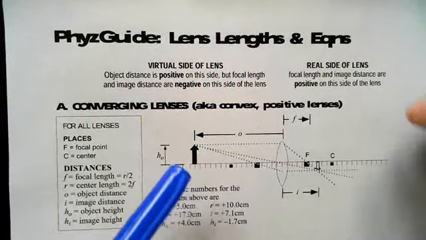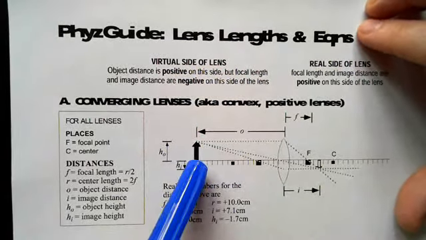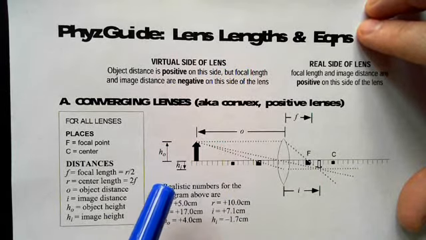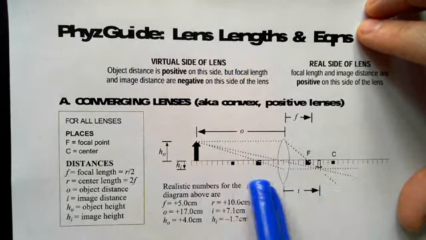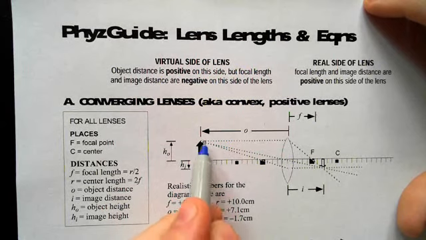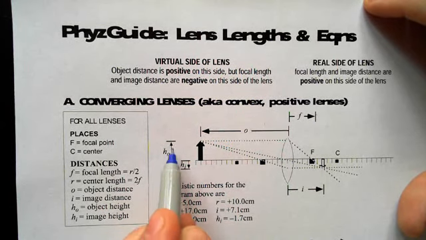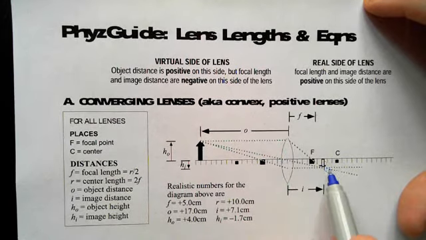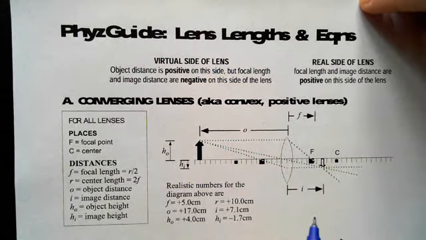And your object, I'm always going to draw, and you're probably always going to see, on the left side. Images for these can actually form on either side, and we'll talk about how to remember where the different types of images form in just a second. So this would be our object, this would be the height of our object. Over here would be our image, and this would be the height of our image.